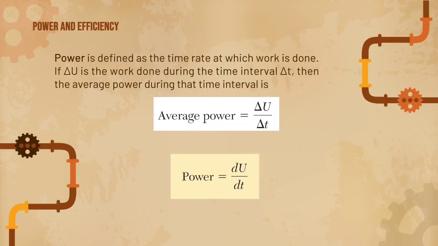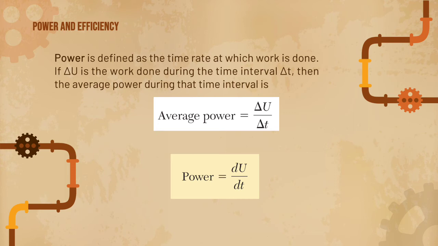Power is defined as the time rate at which work is done. In the selection of a motor or engine, power is a much more important criterion than the actual amount of work to be performed. Either a small motor or a large power plant can be used to do a given amount of work, but the small motor may require a long time to do the work done by the power plant in a matter of minutes.